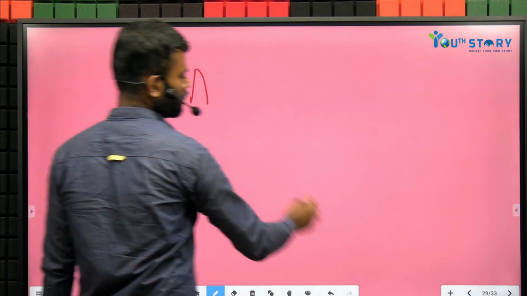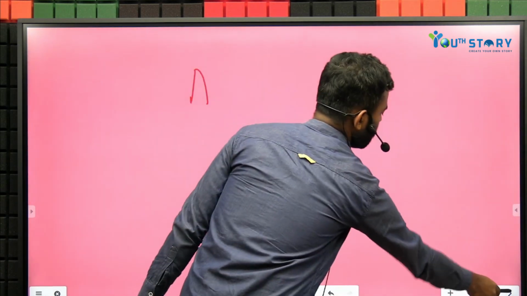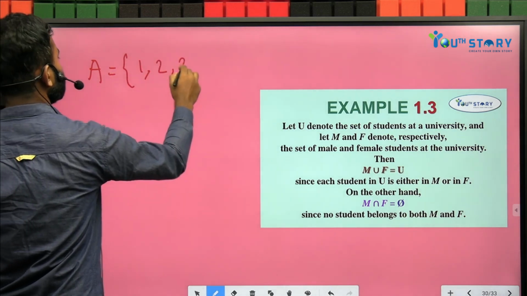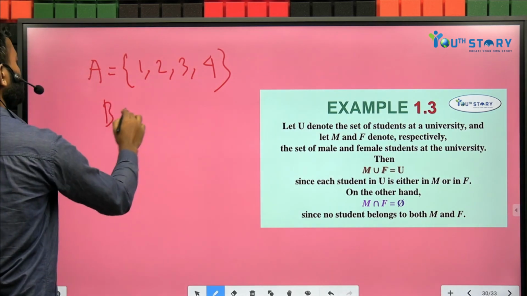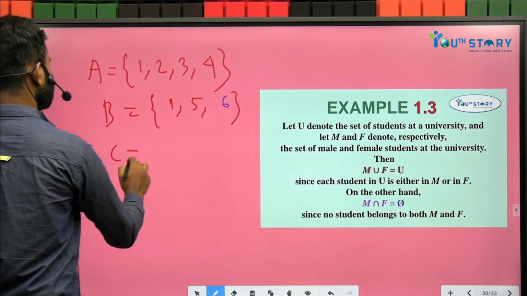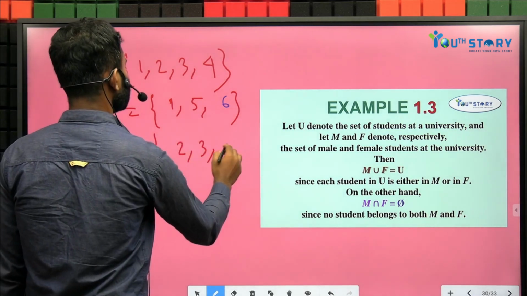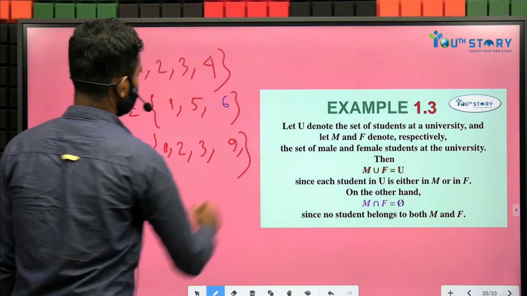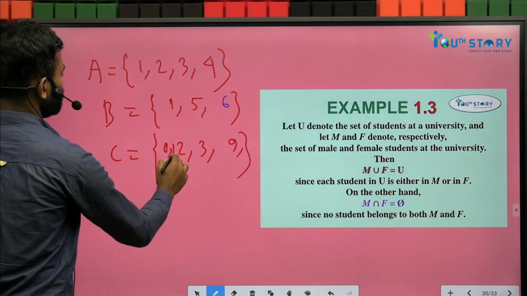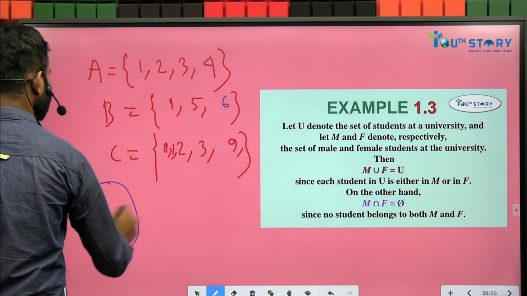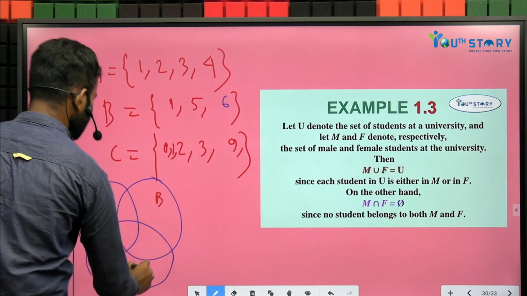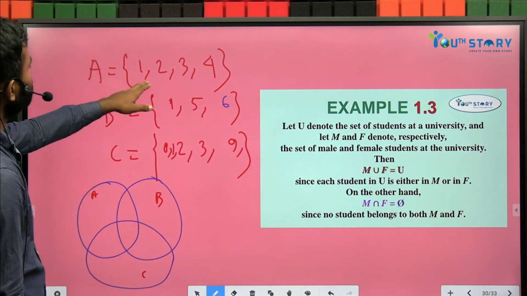Say, A equals {1, ...}, B equals {1, 5, 6}, C equals {1, 3, ...}. Then the corresponding Venn diagram looks like this: here is set A, B, and C, and one is here, one is also here.